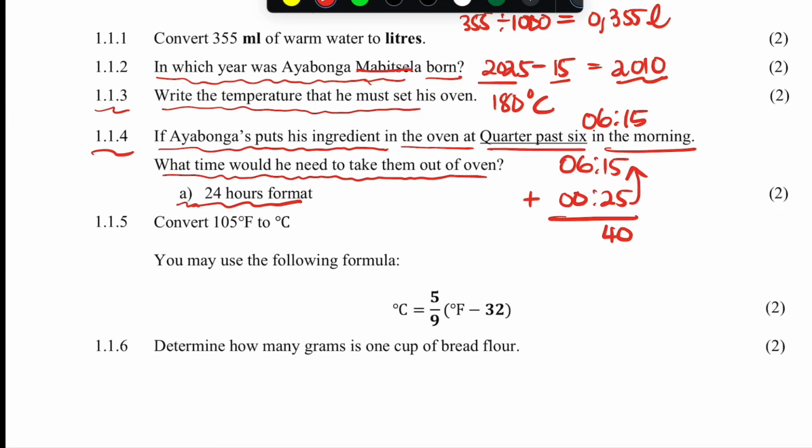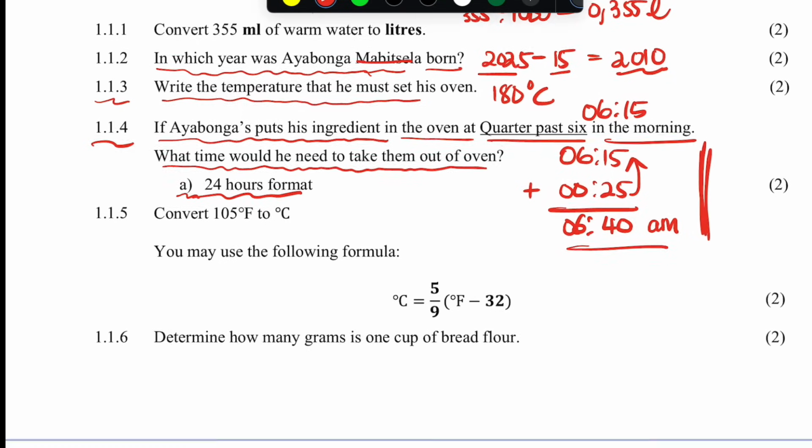That's 40. And the hours is going to be 06. So he's going to finish still in the morning at 06:40. So this is the final answer there. You need to show the calculation, guys.